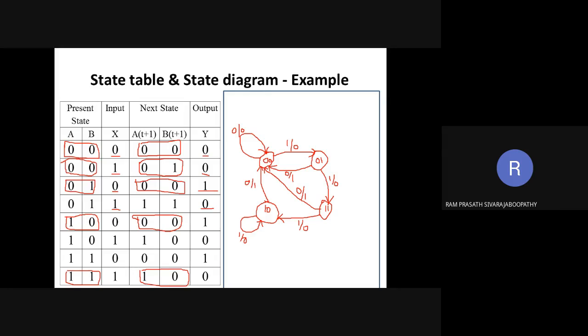Does this table represent a shift register? No, it definitely does not represent a shift register. For a shift register also, you can draw some state diagram, but don't confuse with that. See, state means: how many flip-flops are we having? Two flip-flops, so 0 0, 0 1, 1 0, 1 1 are the possible combinations.